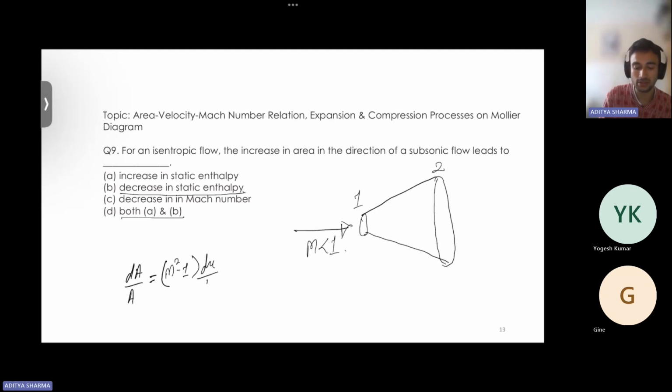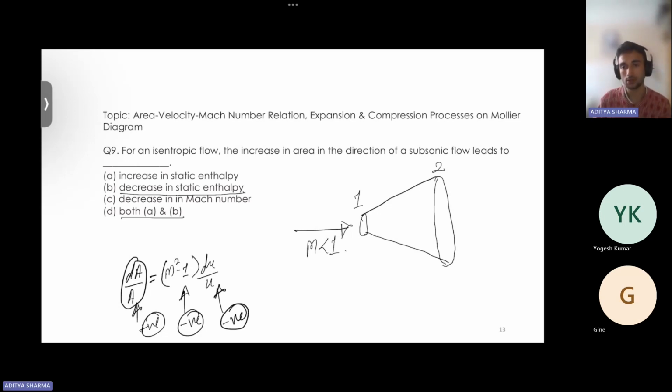Yeah. So dA by A is positive, right? This is positive. This has to be what? Negative. Only then it will be mathematically correct, right?